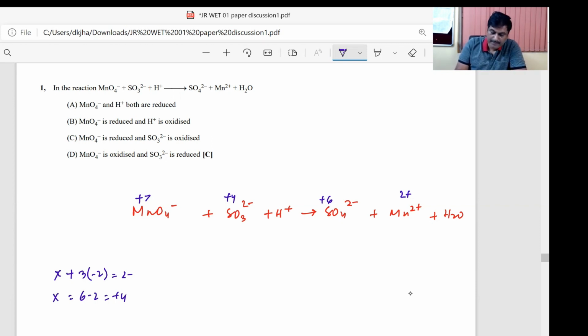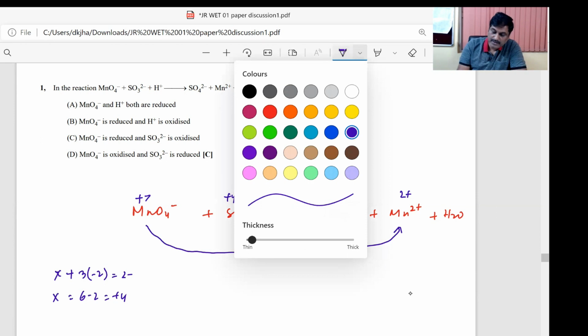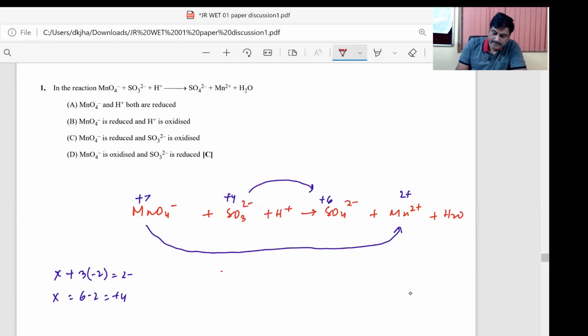What is happening here? Plus 7 to plus 2. There is a decrease in oxidation number. A decrease in oxidation number is reduction.